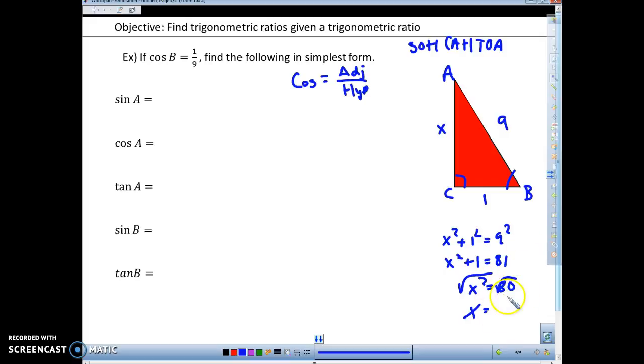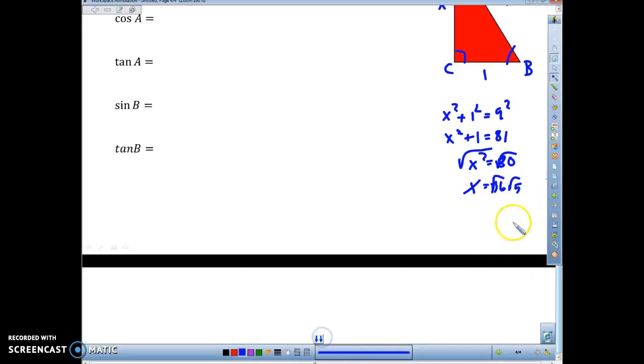I can break this apart into 16 times 5, which is 16√5. So that is 4√5.